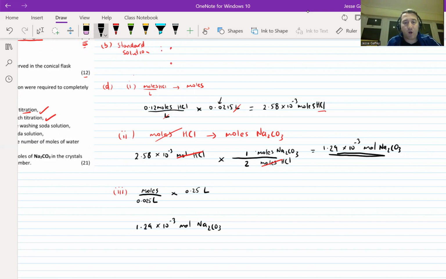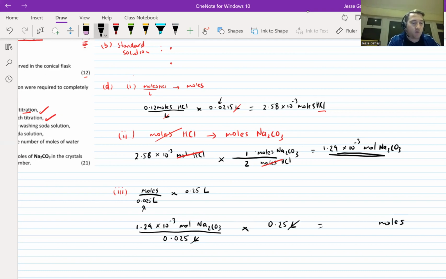And that was in this volume here, 25 centimeters cubed, 0.025 liters. And I want to know how many would be in 250 mils, which is 0.25 liters. Okay, so of course that can cancel out my liters, and of course that's going to give me a number of moles, which is what it asked me for. Find the moles in 250 centimeters cubed.